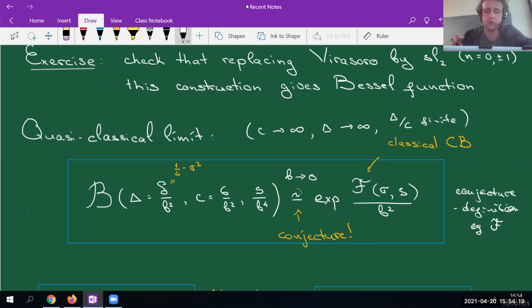But I'm not quite sure that you can make an analytic sense of this statement. So I mean, this tends to this as a formal power series. Okay.